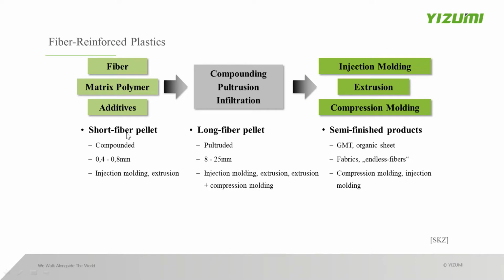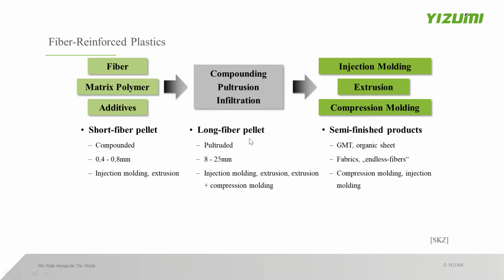Short fiber means the fiber is 0.4 to 0.8 millimeter, and for long fiber, it's 8 to 25 millimeters. And for semi-finished products, this is GMT or organo sheet. We always calculate for these parts the fiber length as endless fiber, or we can call it continuous fiber.